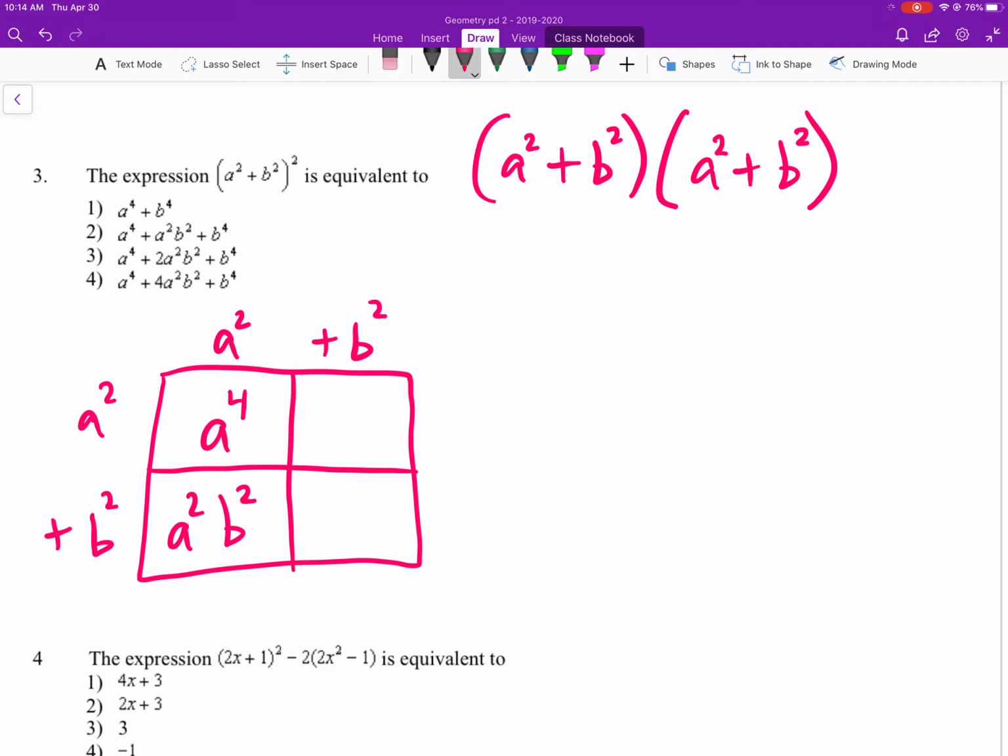Same thing top right, it's a squared times b squared again, so you end up with a squared b squared. Then bottom right is b squared times b squared, which is b to the fourth power.